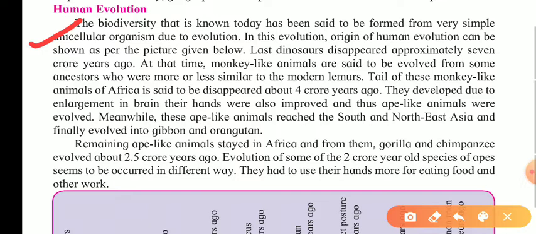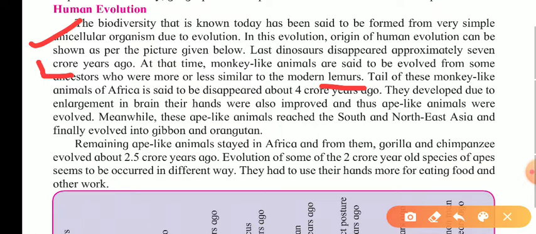The evolution of the origin of humans can be shown as per the following picture. The last dinosaurs disappeared approximately 7 crore years ago, and at that time a monkey-like animal was present in Africa, which was named the modern lemur. The tail of this monkey-like animal of Africa is said to have disappeared around 4 crore years ago.